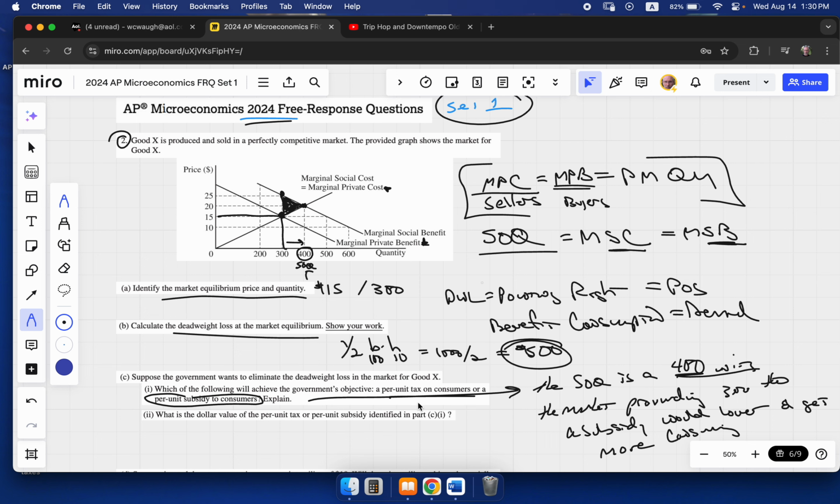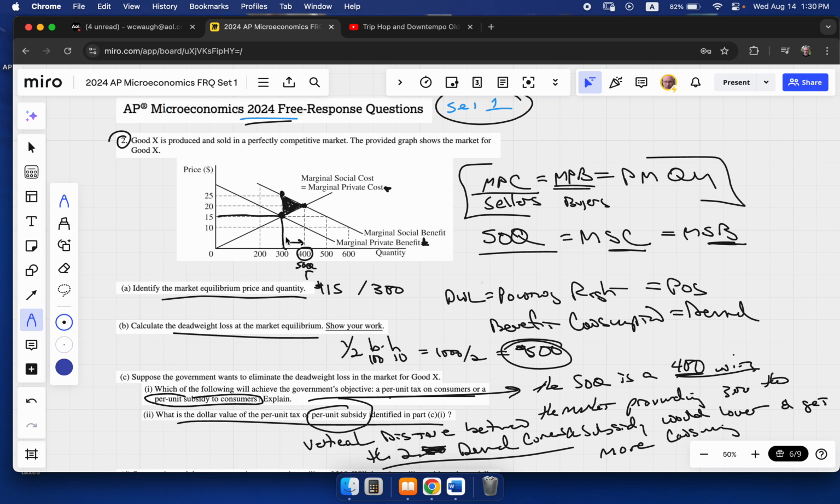What is the dollar value of the per unit tax? Easy enough for our subsidy. The dollar value of the per unit subsidy is, again, the vertical distance between the two, sorry, not two supply curves, two demand curves.